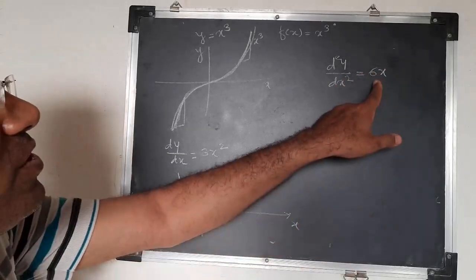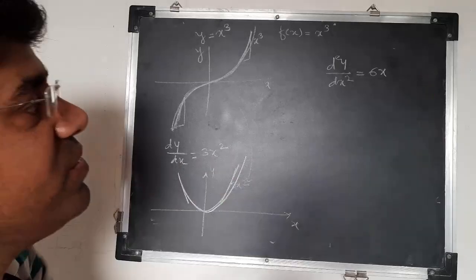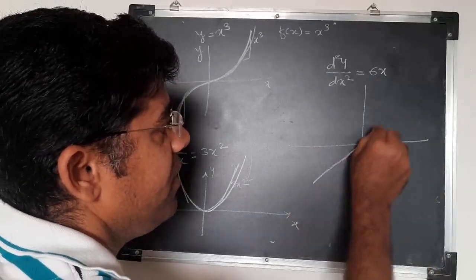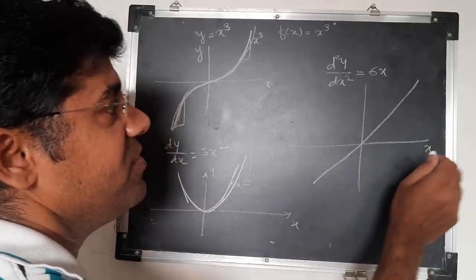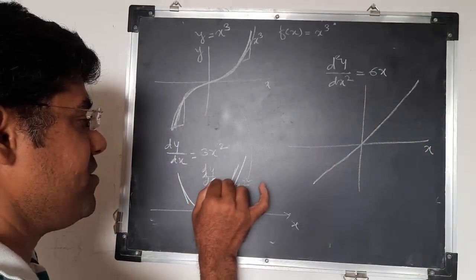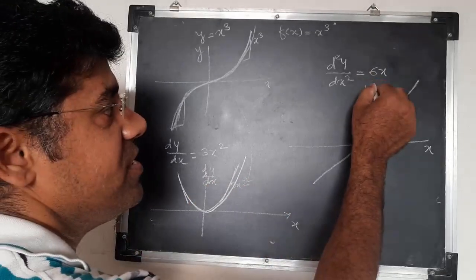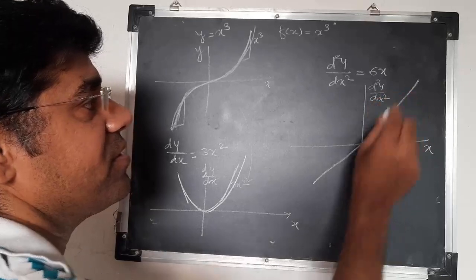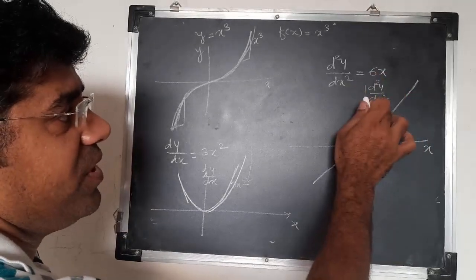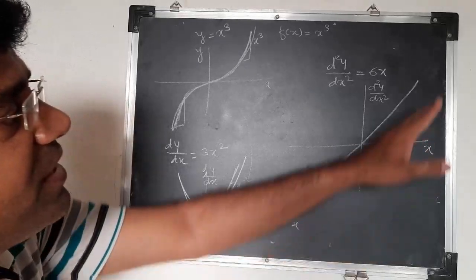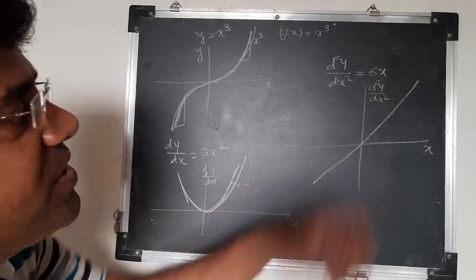It is the equation of a line whose center is the origin. You will get such a type of line. This is your x axis, and this is your y axis, meaning this is d2y by dx square. You get a line equation having slope 6.